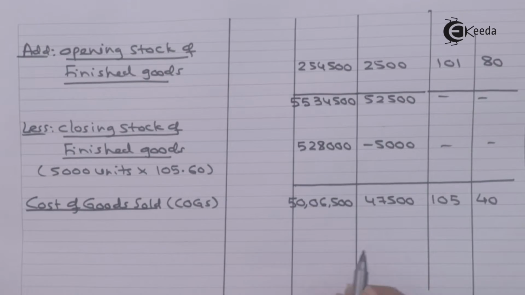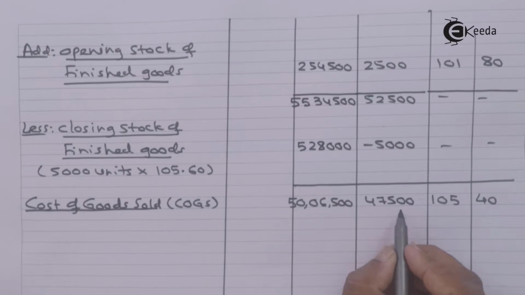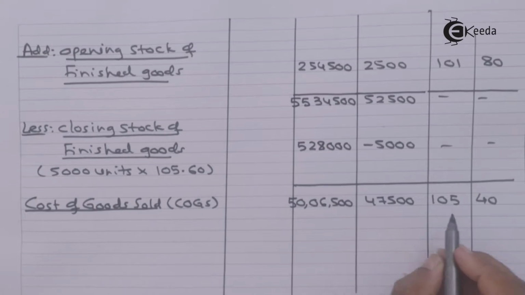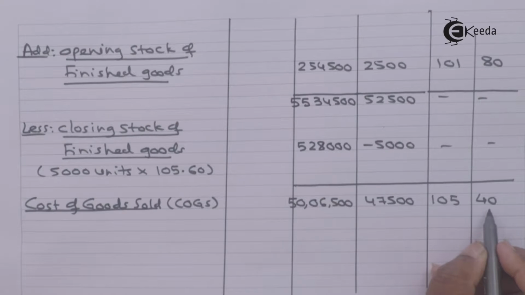So we got cost of goods sold, 47,500 units sold, 50 lakh 6,500. Per unit it comes to 105 rupees 40 paise.